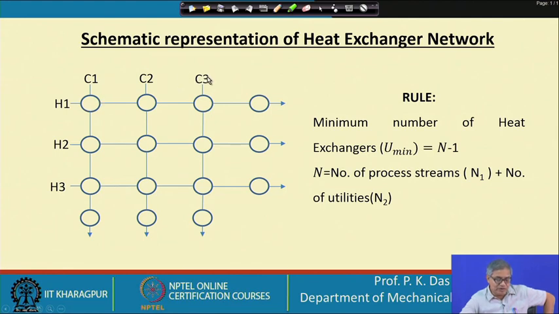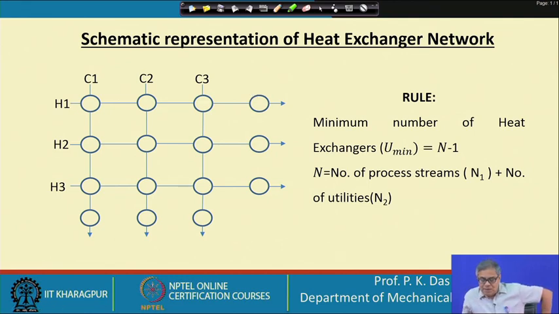There are many cold streams available which need to be heated. So, we can have some mutual heat exchange between H1 and C1, H1 and C2, H1 and C3 by these 3 heat exchangers, but that does not bring the stream H1 to the target temperature. So, ultimately what we have to do at the end, I need to have a cooler and from there I will have the required temperature.